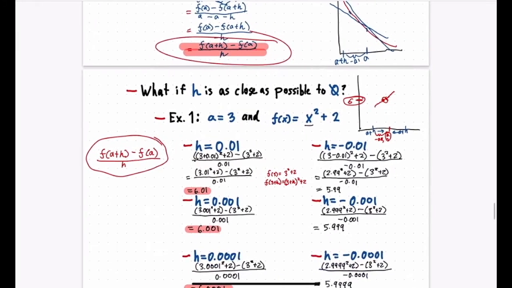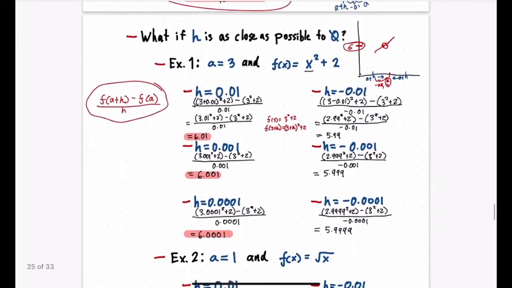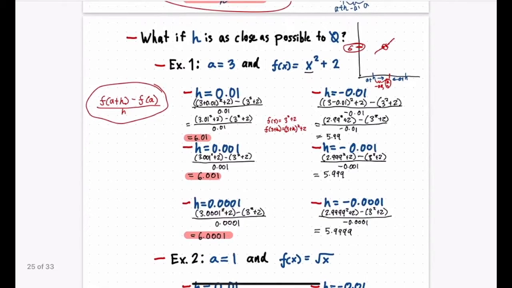And this is where we get into the ideas of a derivative. So the derivative at a being 6, or the instantaneous velocity, or the tangent line to the function at a is equal to 6, or the slope of the tangent line at a equaling 6.